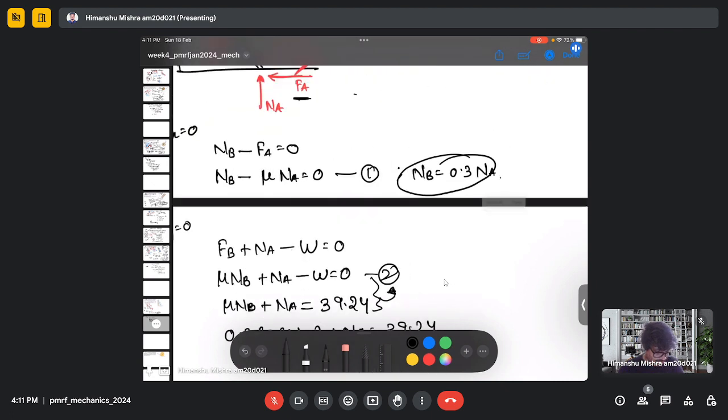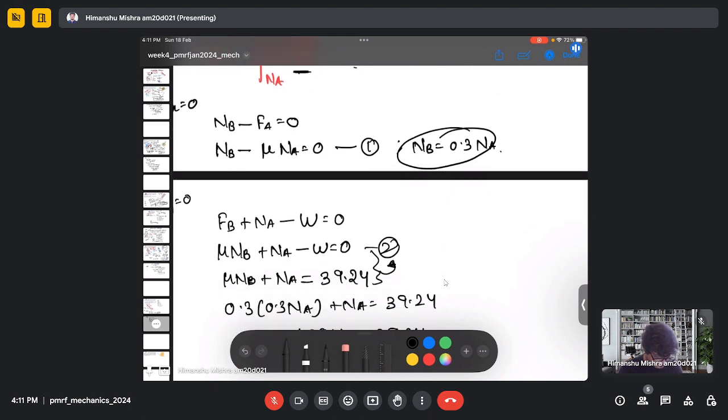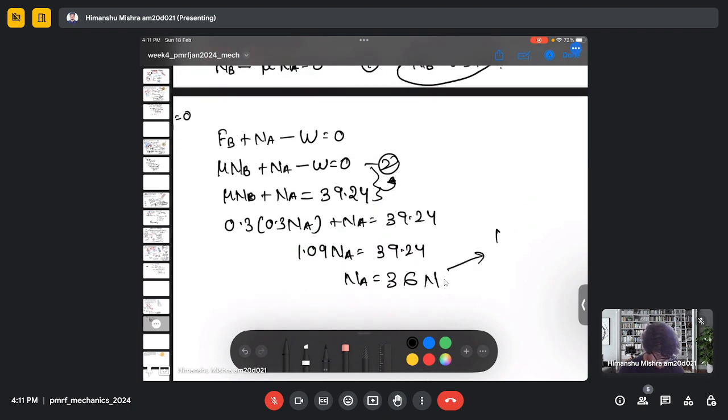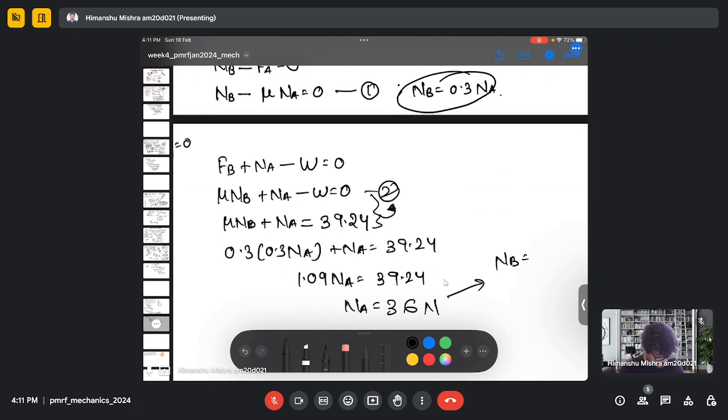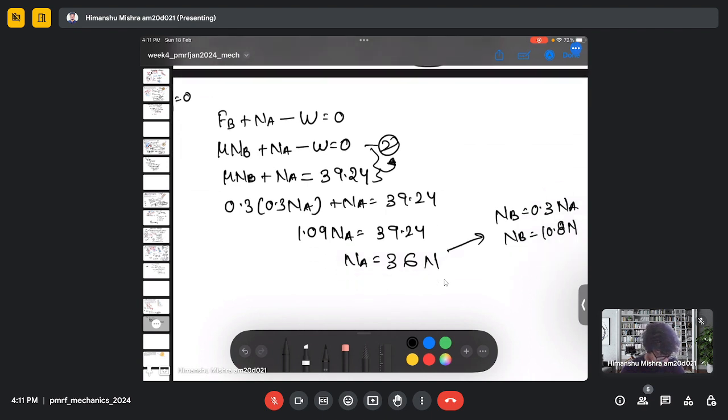And from equation 1 we can find NB as well. NB will be 0.3 NA. So my NB is 10.8 Newton. So these are my normal reactions due to the friction force of the wall.